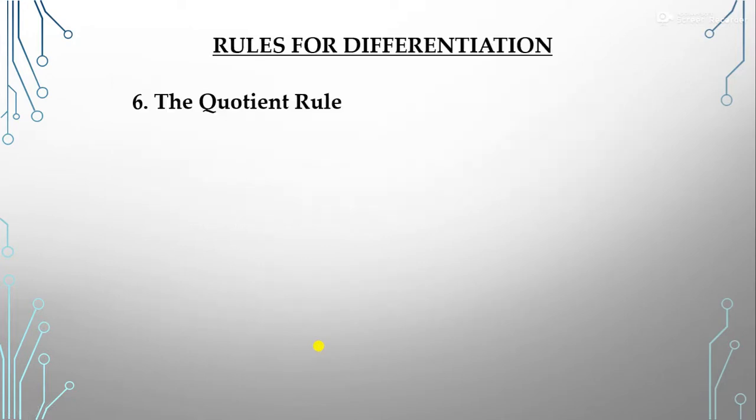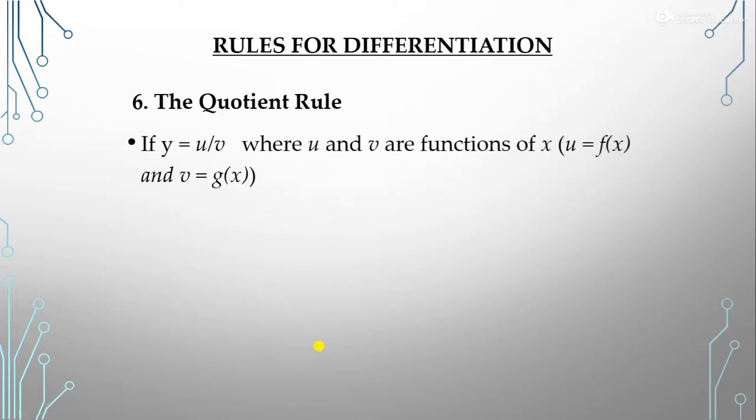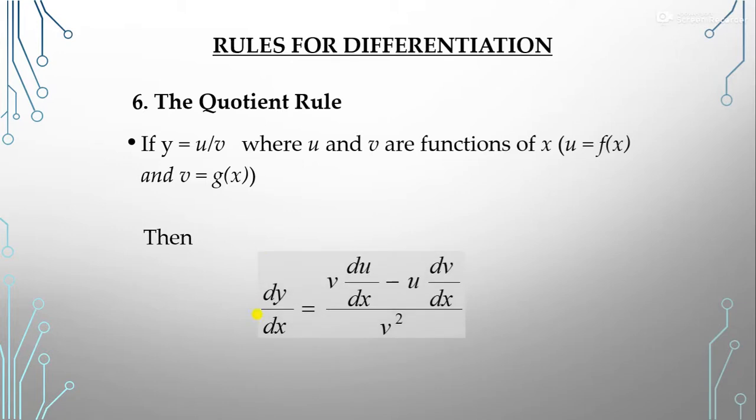So what is the quotient rule? If your function is like y equal to u by v, u and v here are both functions of x. Suppose u is a function of x and v is another function of x. So how can we differentiate it? The differentiation of y with respect to x, dy by dx, is here.